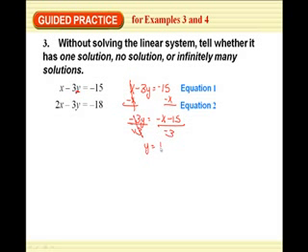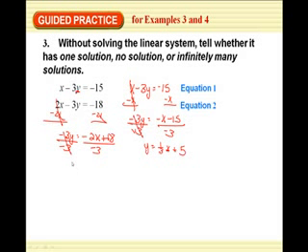Two negatives make a positive: 1/3 x plus 5. This one, minus 2x, -3y equals -2x plus 18. Divide by -3. 2/3 x minus 6. Okay, those are different. So that one, I believe, has one solution. There's no parallel. There are not many, one solution.